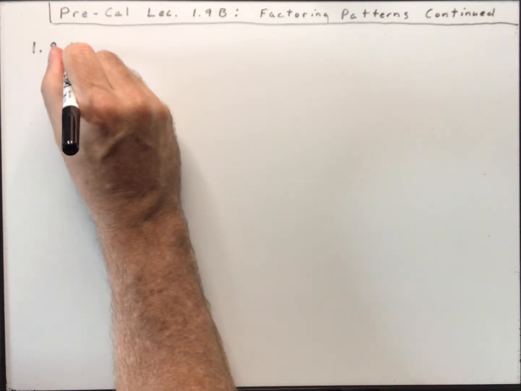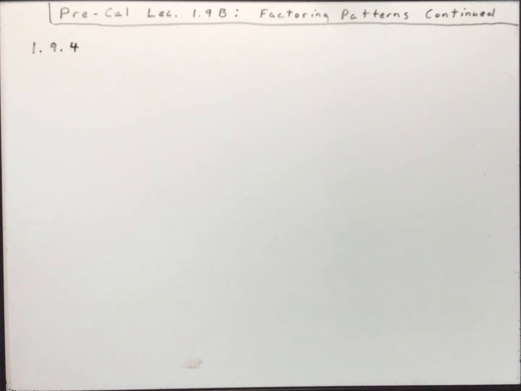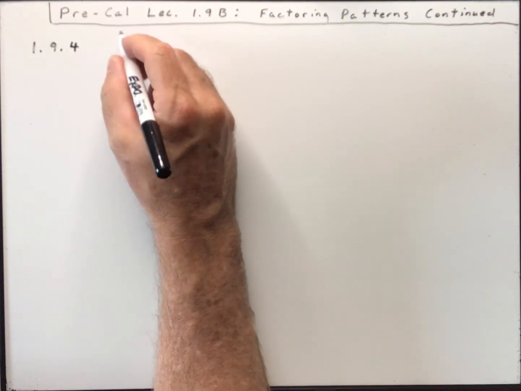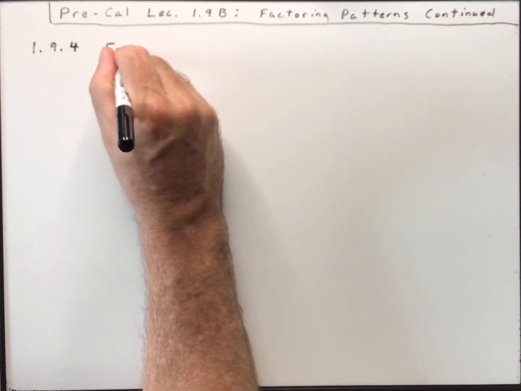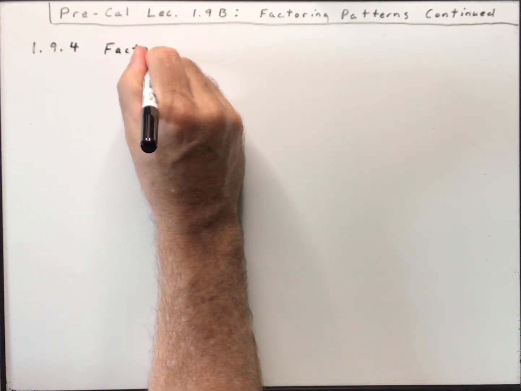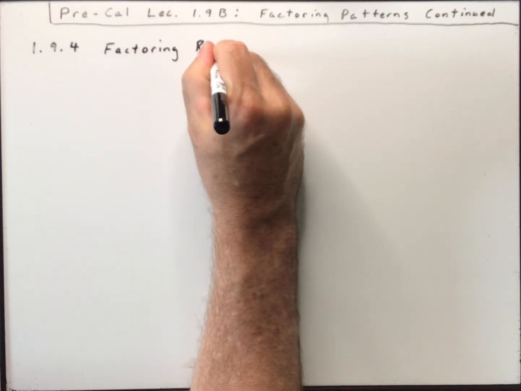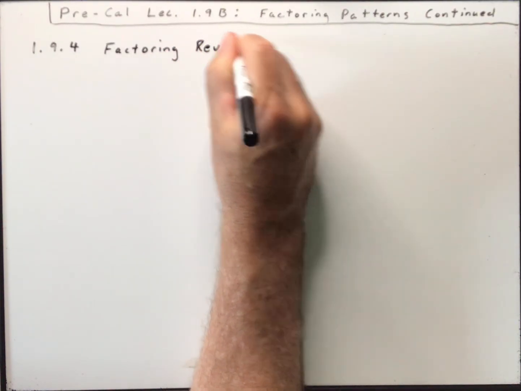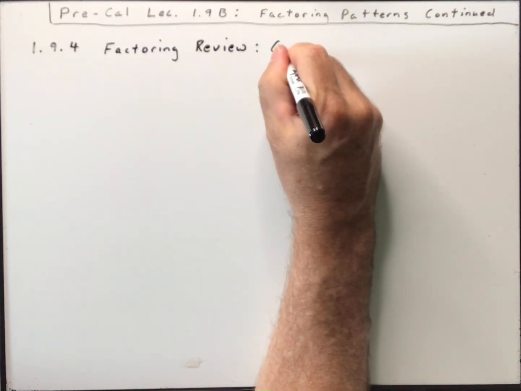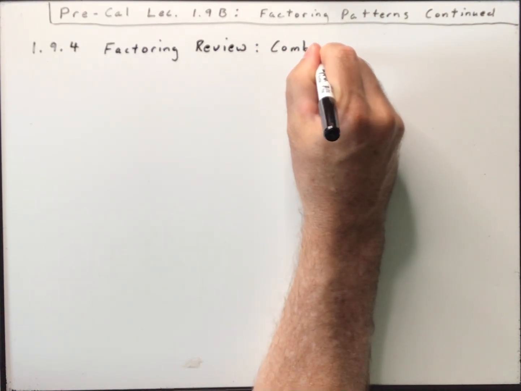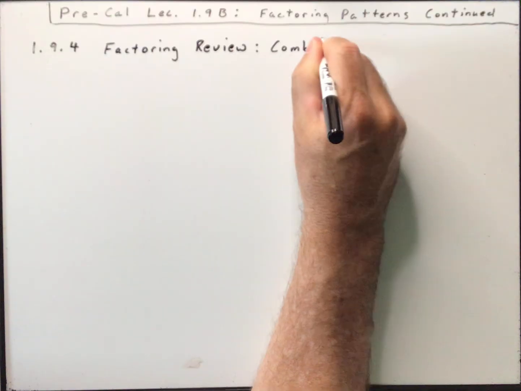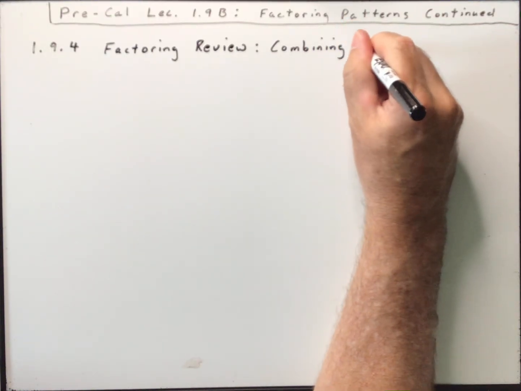All right, 1.9.4. What we're going to do is combine everything that we've learned together. So we're going to do a factoring review. And we'll call this combining techniques.